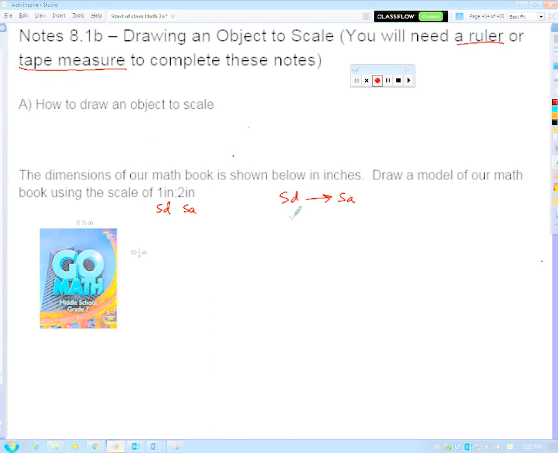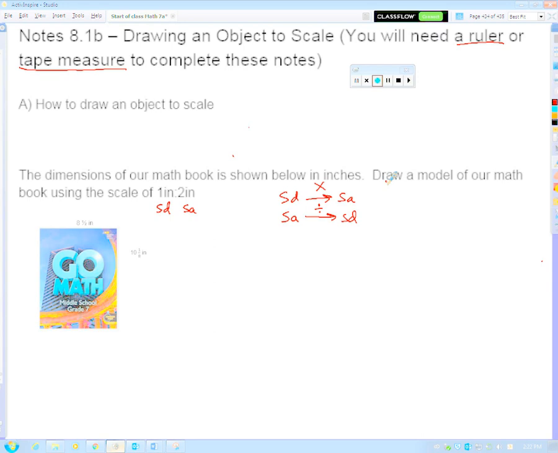Okay, and to do that, we basically just multiplied. Now we're going backwards. We are given the scale actual, and we are going to turn it into a scale drawing. So just like we're switching around doing the opposite, we're going to do the opposite of multiplying. We're going to be dividing to make our scale drawing.